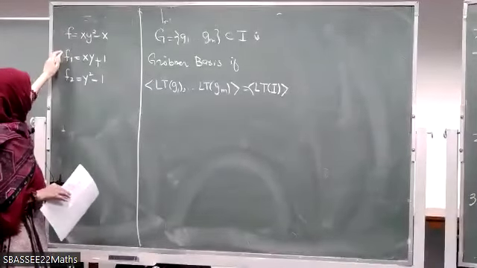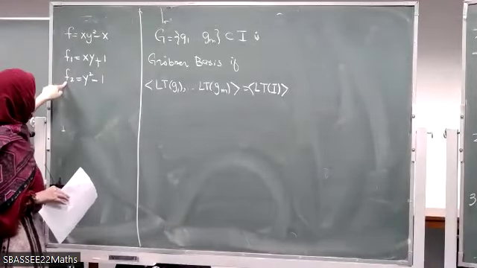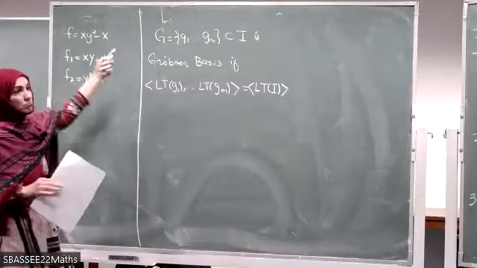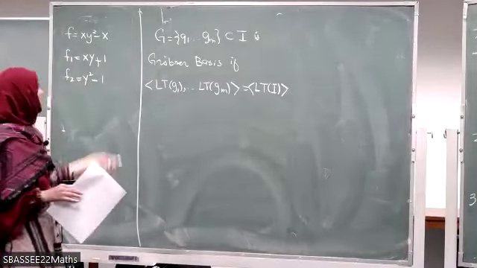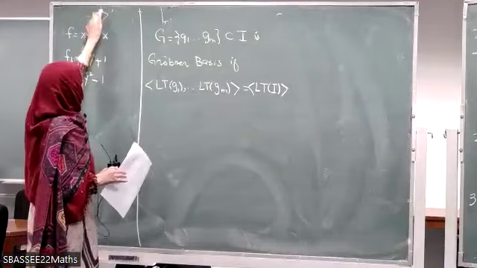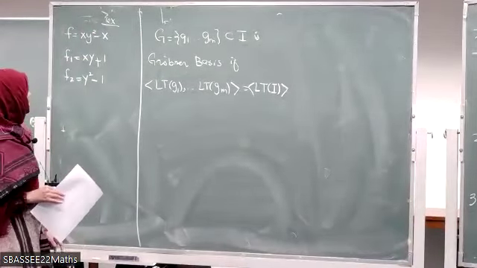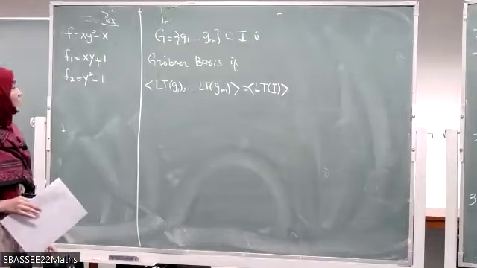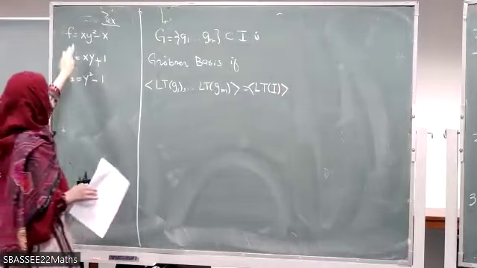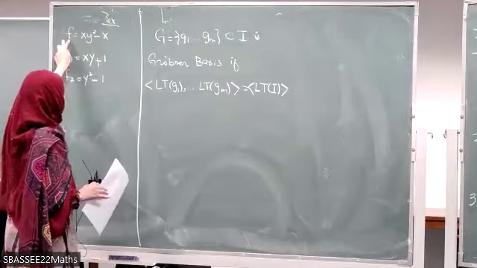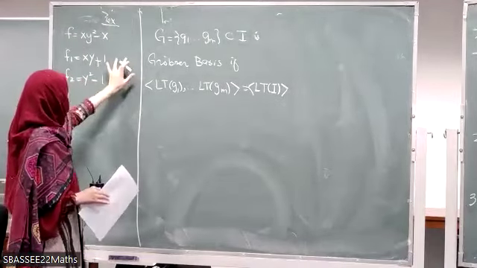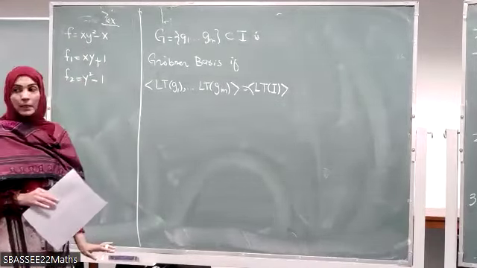So I have here two polynomials, F1 and F2, and the F I have chosen, and we are working with lexicographic ordering. What is the leading monomial, the leading term of F? You can just pick it here.